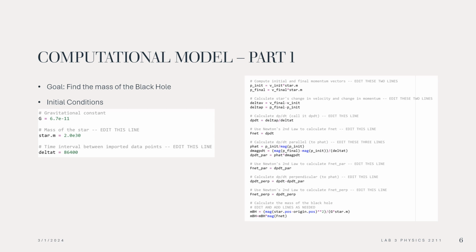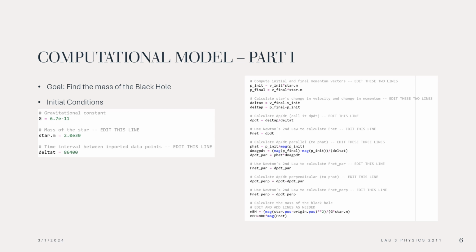What's important is when we get down here and we're looking for F net parallel. We know F net parallel is equal to dp dt parallel. How do we find dp dt parallel? We multiply p hat by the change in magnitude of the momentum divided by time. That's just a standard abbreviation that we found in class, which is very simple. Now we just use a little bit of coding language here.